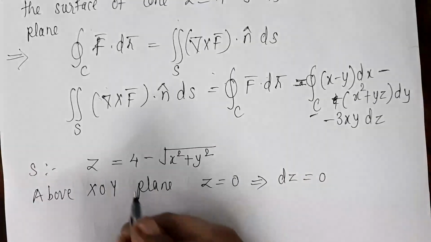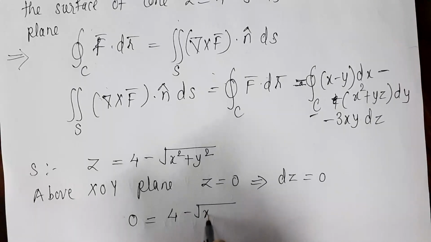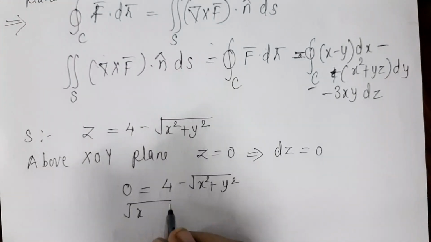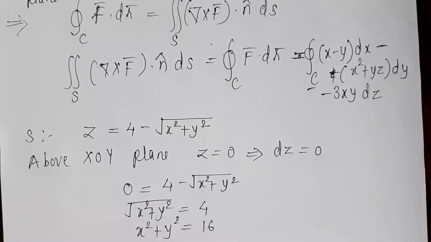Now if we substitute Z is equal to 0 in this surface equation, 0 is equal to 4 minus square root of x square plus y square. So square root of x square plus y square is equal to 4. Now squaring on both sides, x square plus y square is equal to 16. So this is the equation of a circle.